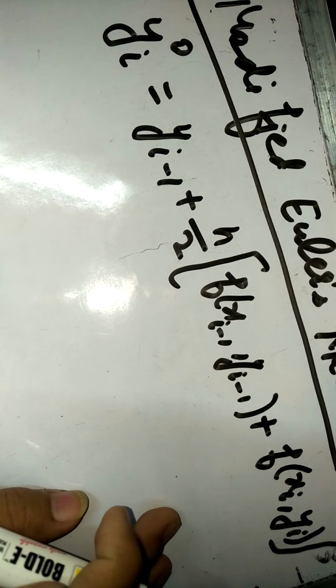In the statement y naught is given, h is given, and f of x naught comma y naught is also given, then f of x1 comma y1. So we find this value by Euler's formula and substitute here, and we get our answer in modified Euler's formula.